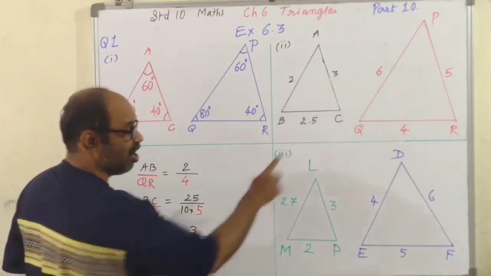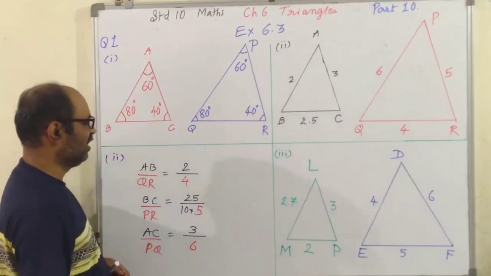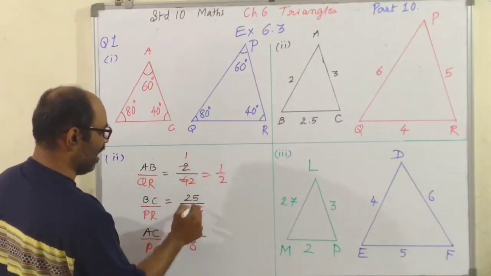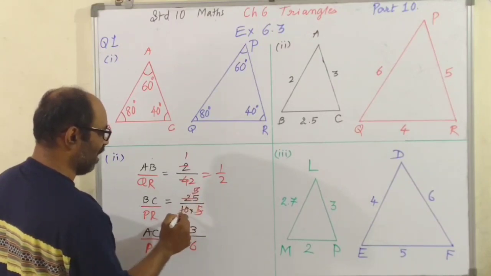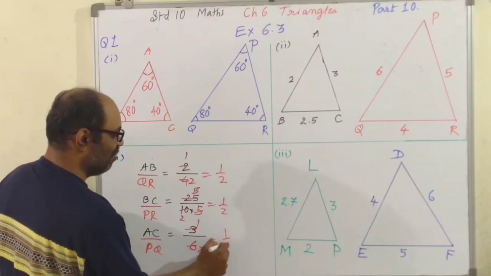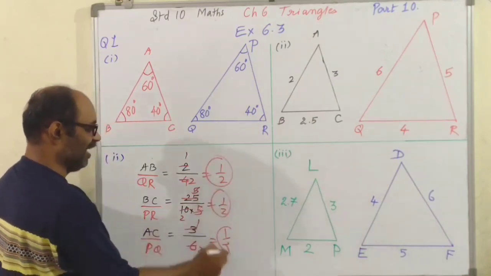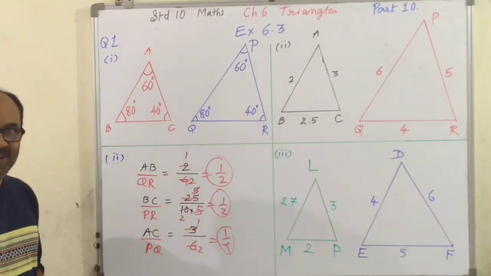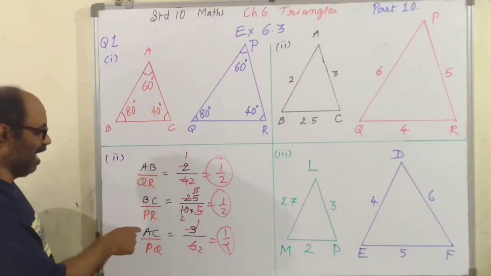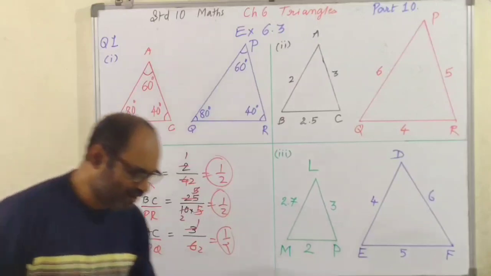What is PQ? 6. So upon 6. Check. 2 1s are 2, 2 2s are 1 upon 2. 5 1s are 5, 5 2s are 5 upon 10, that is 1 upon 2. 3 1s are 3, 3 2s are 6. My God, they are equal. So here AB upon QR is equal to BC upon PR is equal to AC upon PQ.